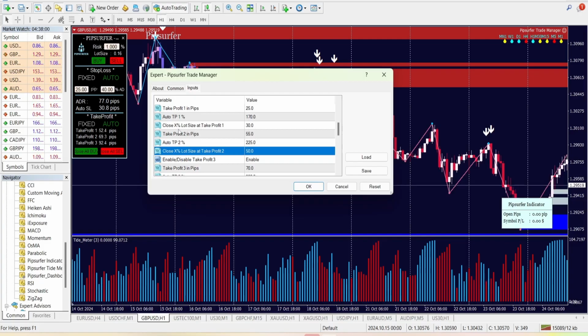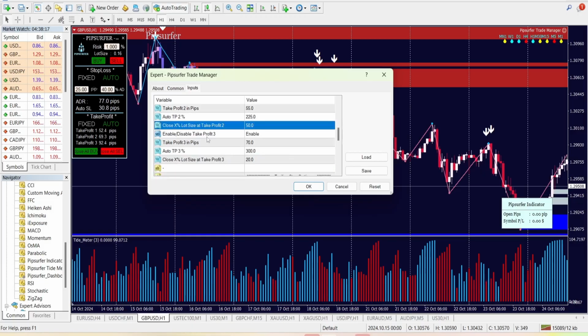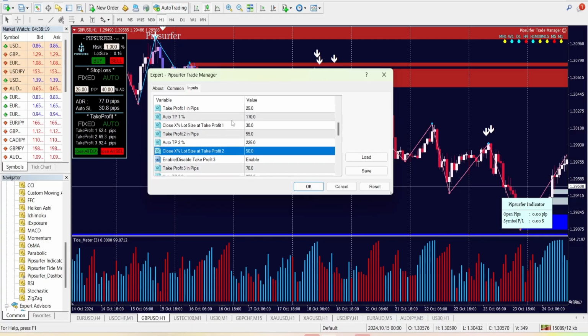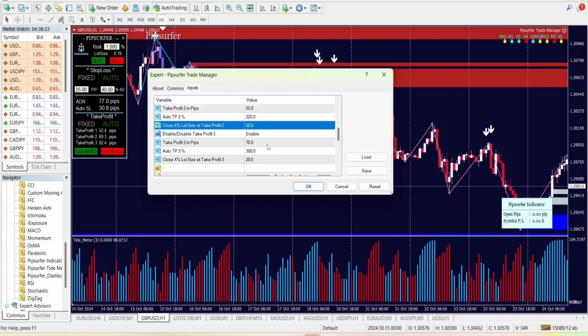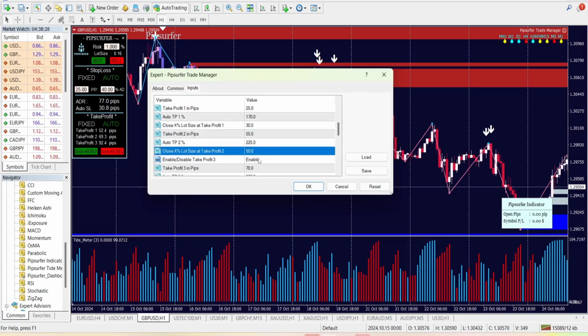So the first one, you can close 30% of the trade at take profit 1. You can close 50% of the trade at take profit 2. In this example, what you want to make sure you do is make sure that the 3 percentages all equal 100, unless you disable take profit 3.